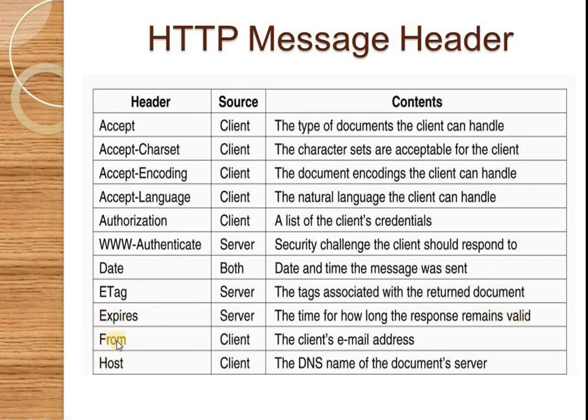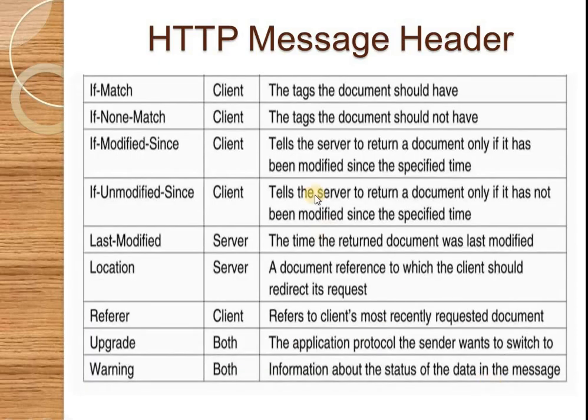Header From, the source is client, which explains the client's email address. Host, source is client, the DNS name of the document server. If-Match, which contains the tag that the document should have. If-None-Match, which explains the tag the document should not have.